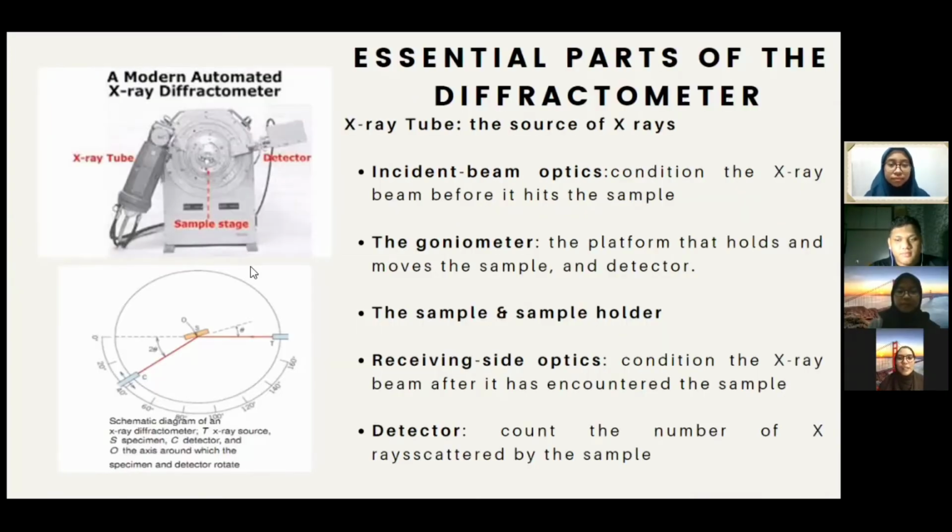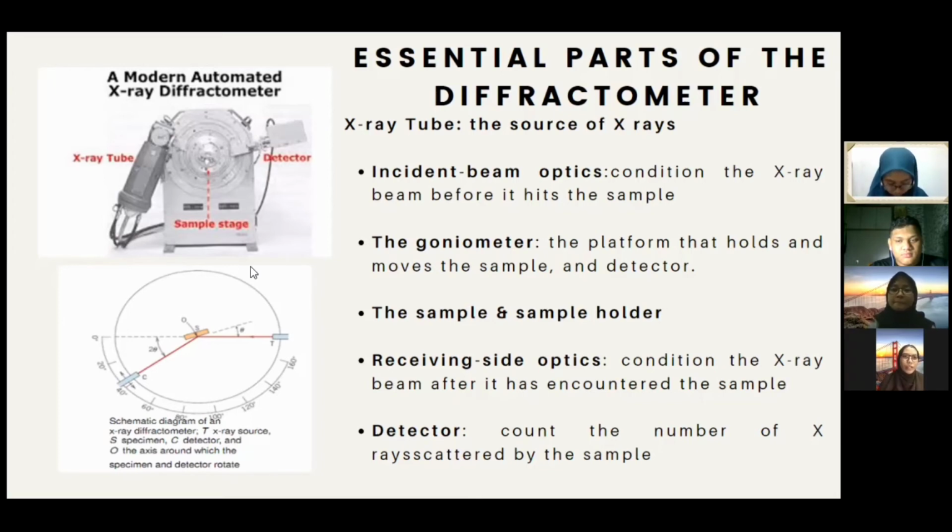Okay, next I will proceed to the technique of XRD. First thing first, we have to know the essential parts of the diffractometer. The first diagram is the machine that we use in our lab, and the second is the schematic diagram of an X-ray diffractometer. In the machine that we use, there is the X-ray tube, which is the source of X-ray.